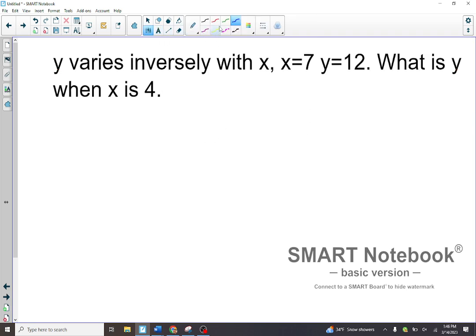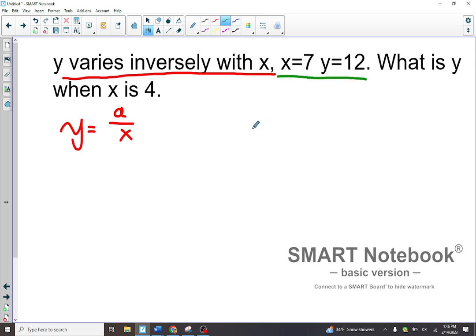All right, first part. If y varies inversely with x, inversely means y equals a over x. Very important: x is on bottom, a is on top. So if we know that, we could solve for a. 12 equals a over 7.